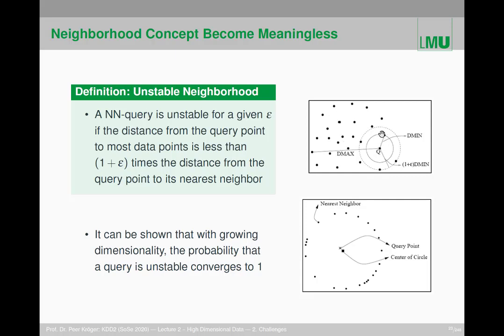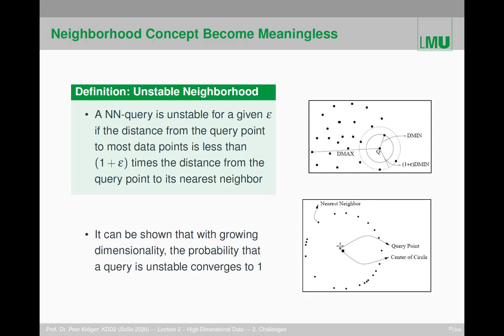So all the other points would be in this range here, saying that the difference between the distances to the nearest neighbor and the farthest neighbor is so small that it's not suitable to differentiate between the nearest neighbor and the farthest neighbor. And here is an example where that holds.